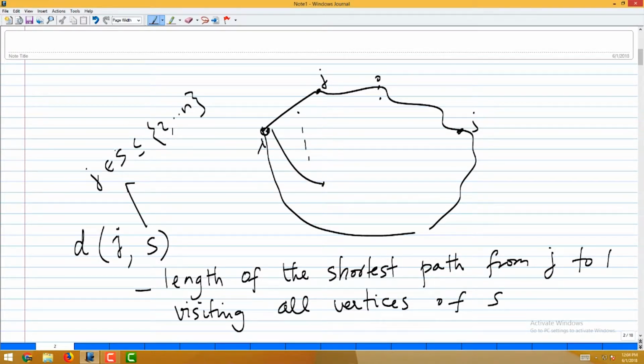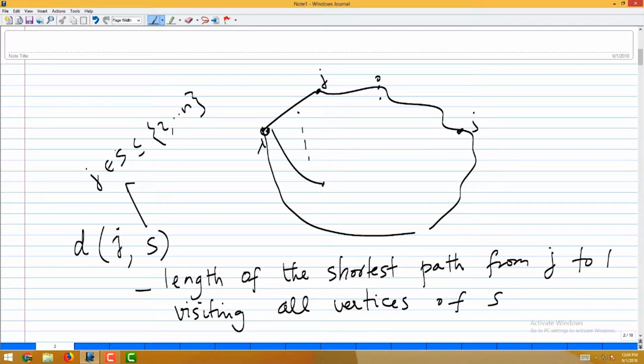All I am saying is, for any optimum Hamiltonian cycle, if I break it up and start from some intermediate vertex and look at the path, then that path must be the length of the shortest path from that vertex to 1 visiting whatever vertices are left.